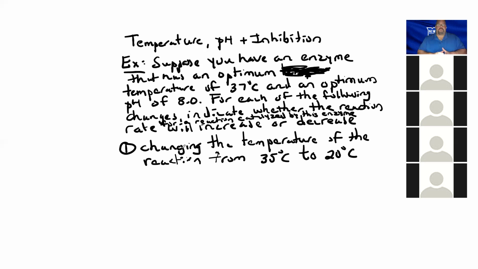So at 35 degrees Celsius, we're running this reaction at a temperature that's close to the optimum temperature of the enzyme. We're lowering it down to 20 degrees Celsius. So what are we doing? We're moving the temperature further away from the optimum temperature of the enzyme.